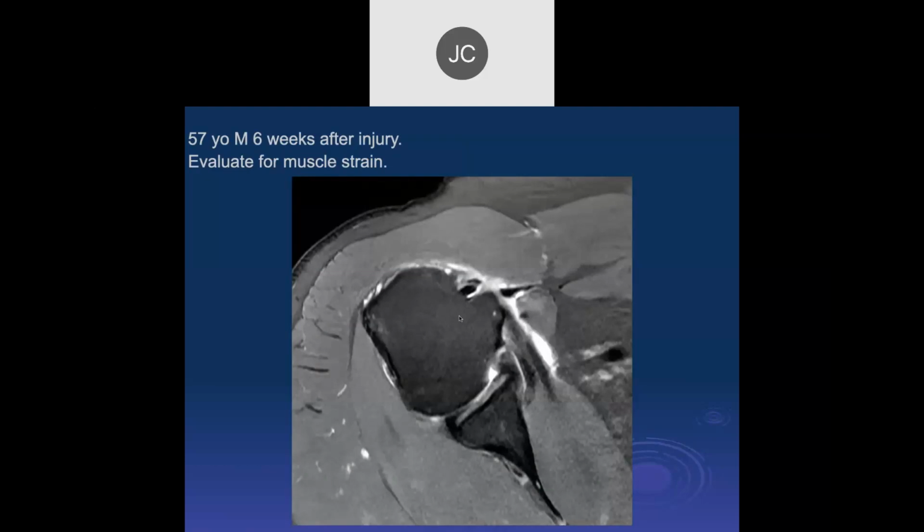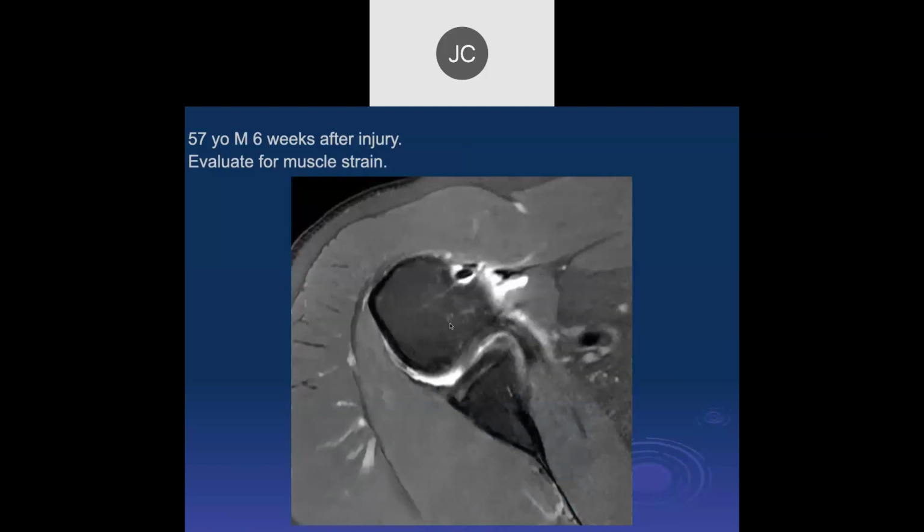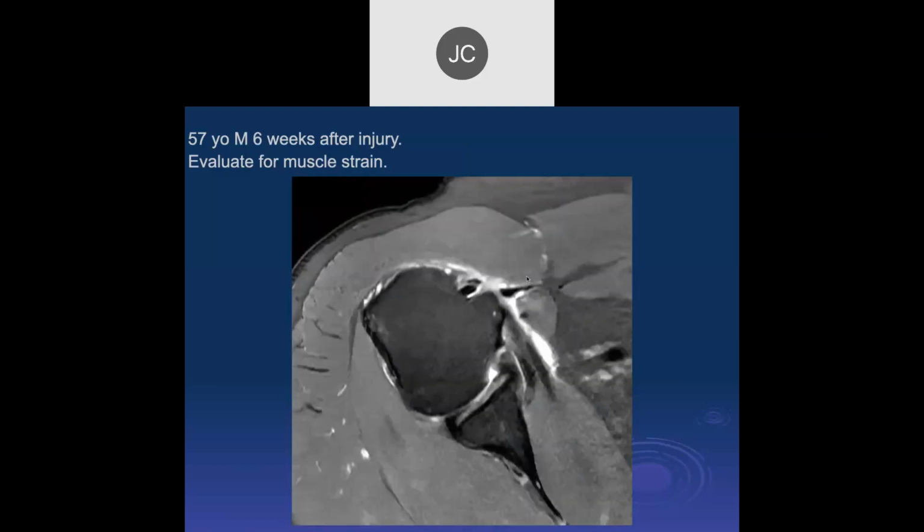It's anterior to the subscap, and then there's all this fluid here. So what is this structure right here? The biceps anchor? Well, if we had one cut up, it'd be easier because one cut up, you'd be at the coracoid process. So what attaches to the coracoid process?